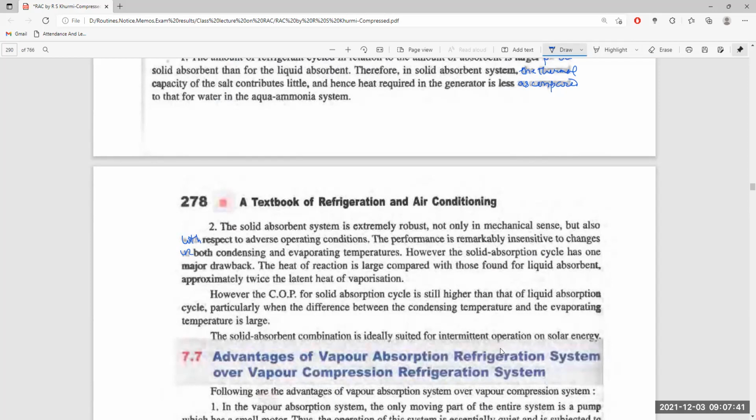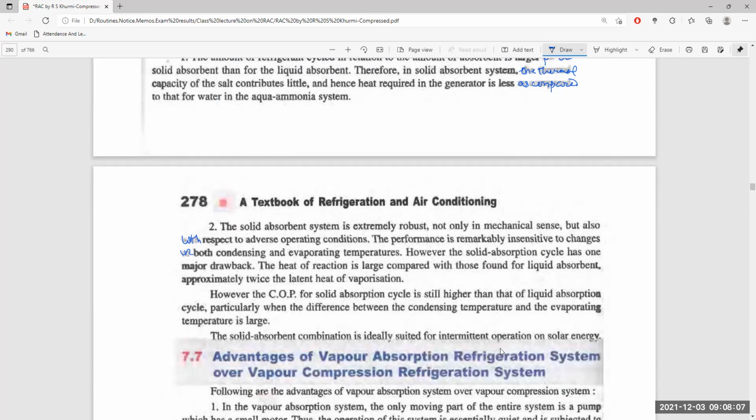However, the solid absorbent cycle has one major drawback. The heat of rejection is large compared to that found for liquid absorbent, approximately twice the latent heat of vaporization. However, the COP for the solid adsorbent cycle is still higher than that of the liquid absorbent cycle, particularly when the difference between the condensing temperature and the evaporating temperature is high.